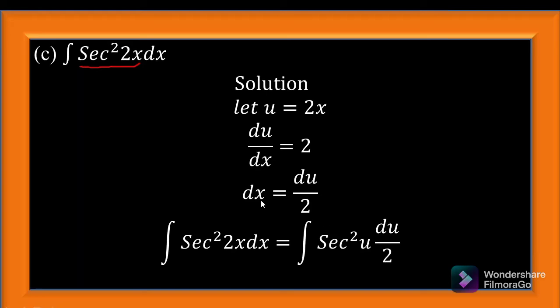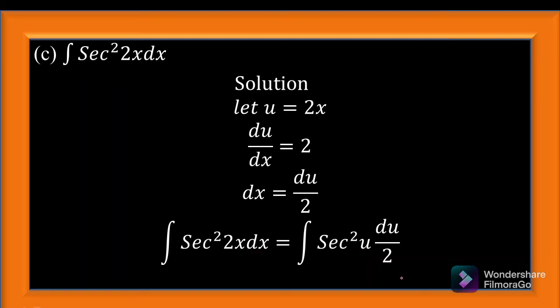Why? Because our dx, as you see it here, was already du out of 2. Our 2x, as we see it here, was u. So I've substituted for 2x as u and the dx as du out of 2.